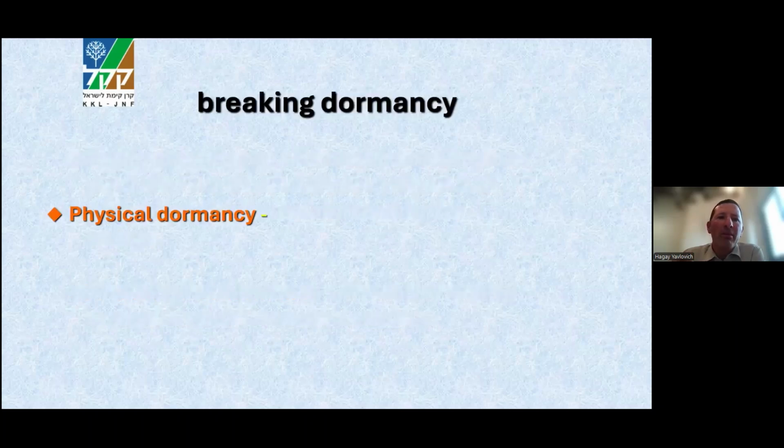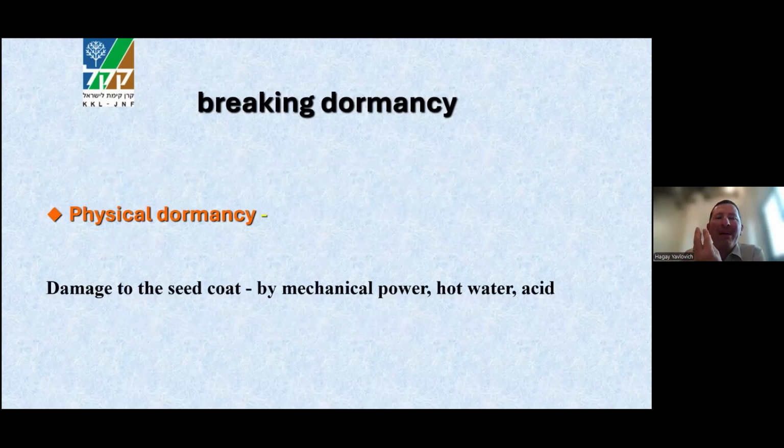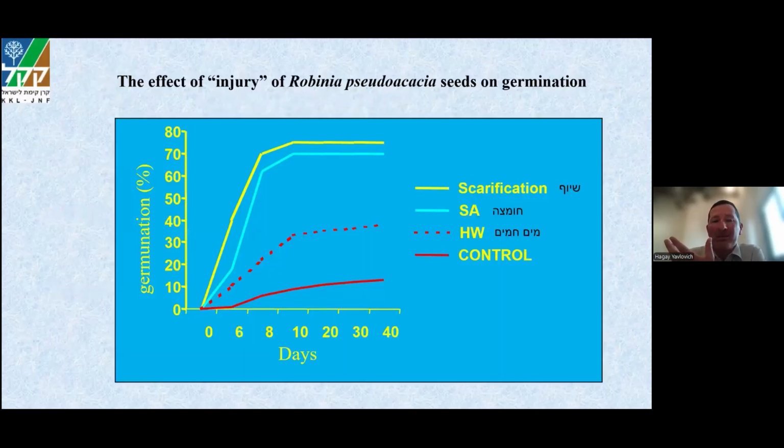If we talk about physical dormancy, from outside, we should make some damage to the seed coat by mechanical force, by hot water, or even by acid. Let's see an example.